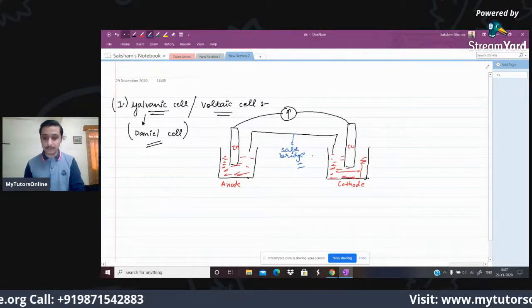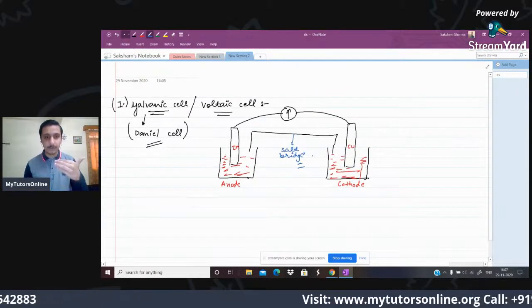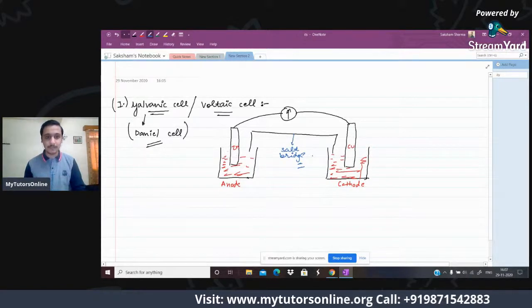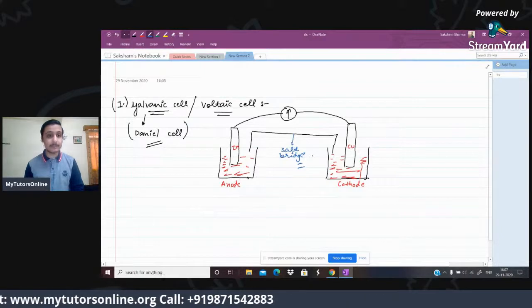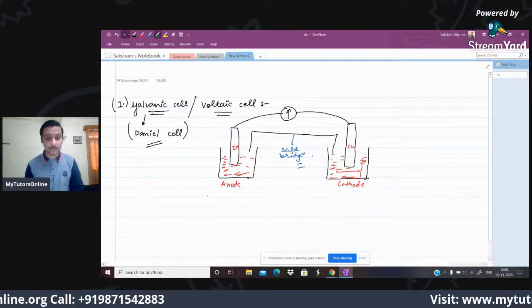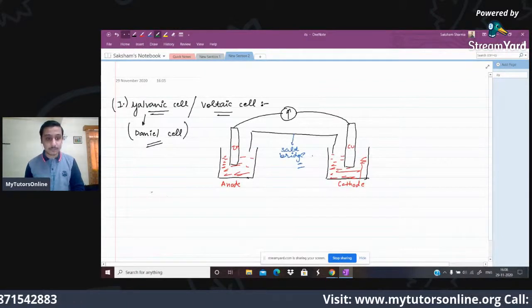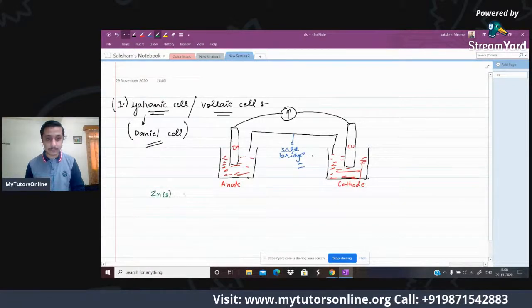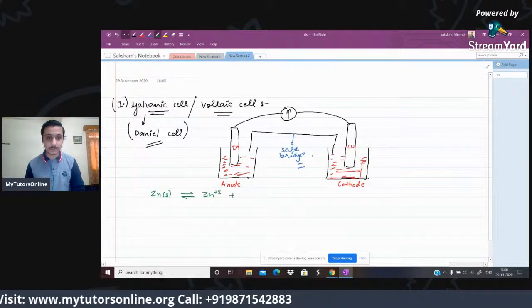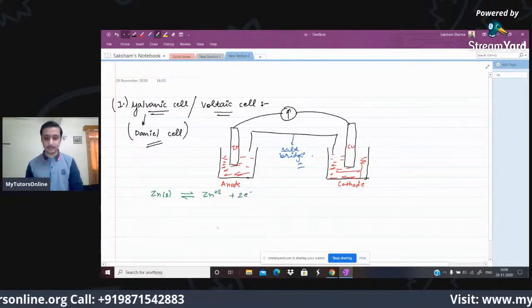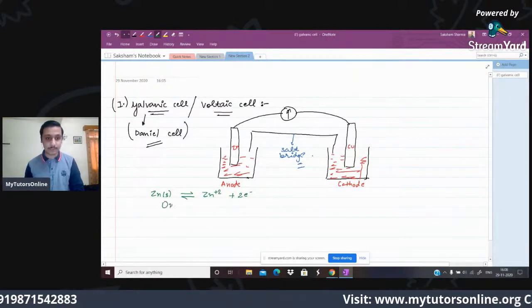Now, see what happens in your Daniel cell. Your zinc, this part is the anode. As I told you, at the anode your oxidation takes place. So your zinc gets converted into Zn2+ plus 2 electrons. Correct? And this is your oxidation half reaction.